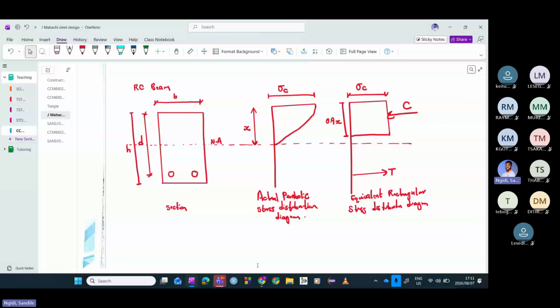So we can just say this tensile force is exactly equal to the compression force.